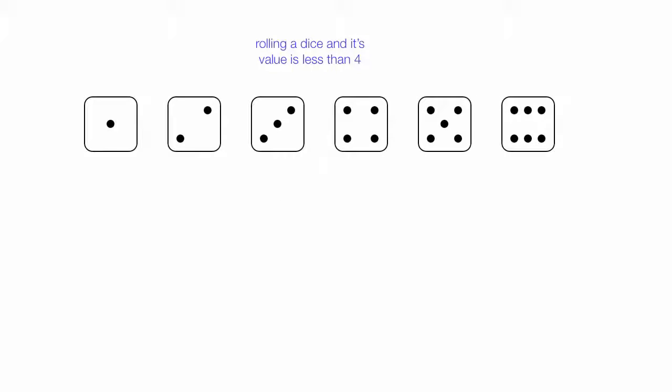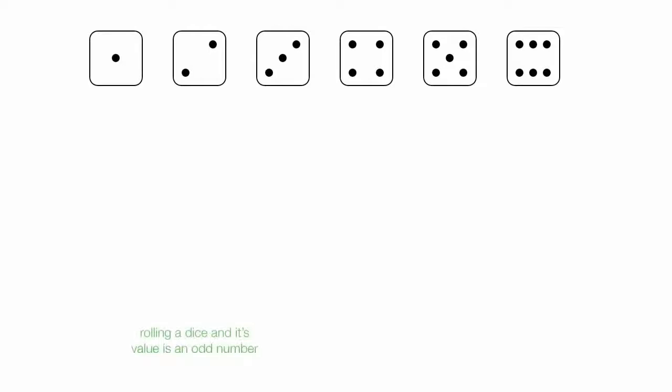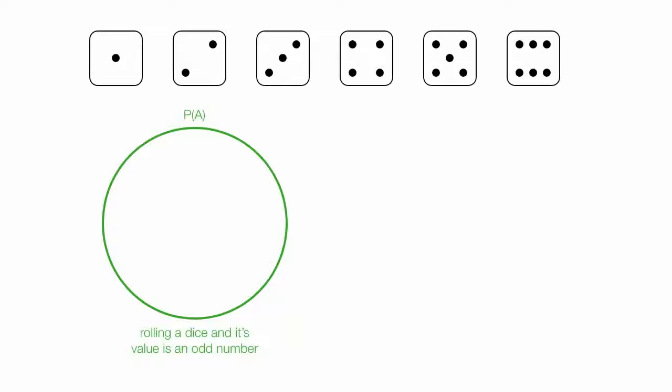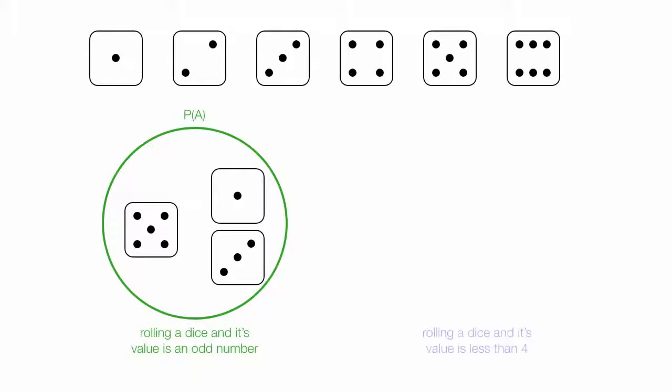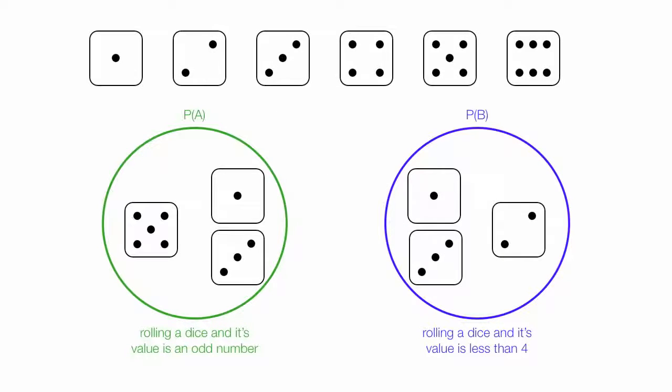Let me show this to you also visually or symbolically. Again, event A is rolling a die and its value is an odd number, so I'll put in the circle there a 1, a 3, and a 5. The probability a dice is less than 4 is event B, so I'll put in there 1, 2, and a 3, like that.